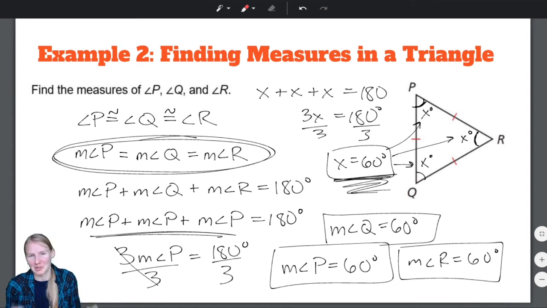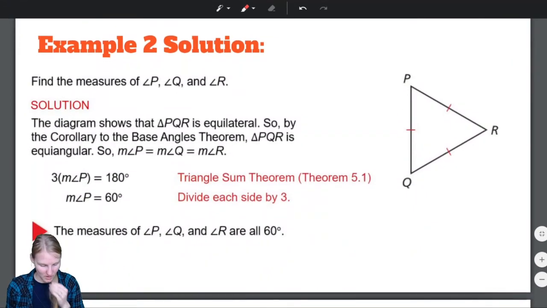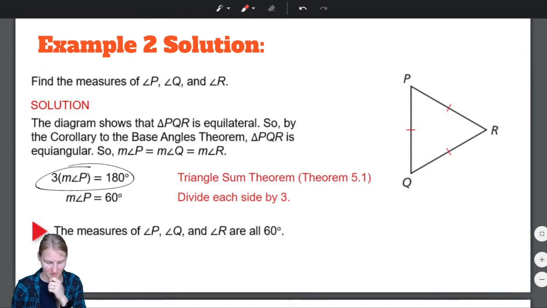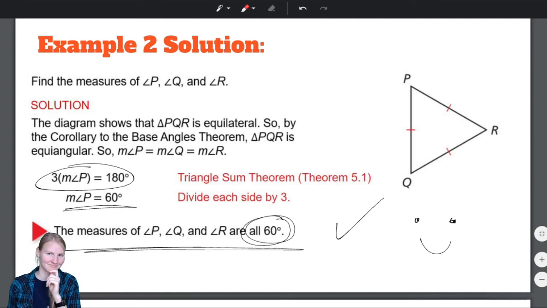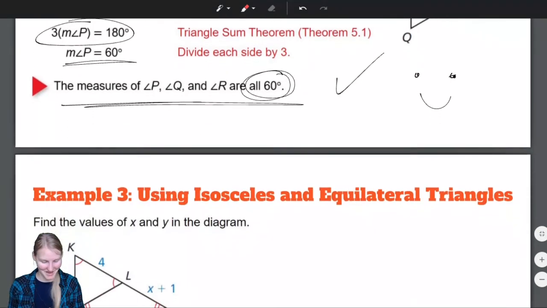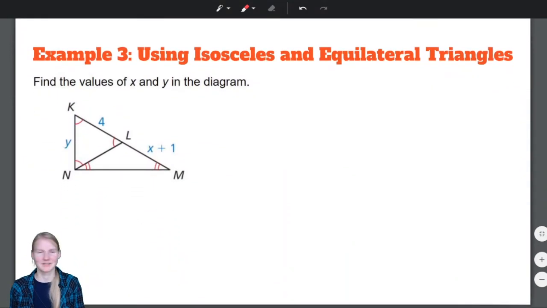Try it, but you won't be able to. Okay, we can check and make sure that we were correct. 3 times the measure of angle P is equal to 180. The measure of angle P is 60, so the measures of all of them are 60 degrees. Booyah! Awesome. Okay. Now, one last example.